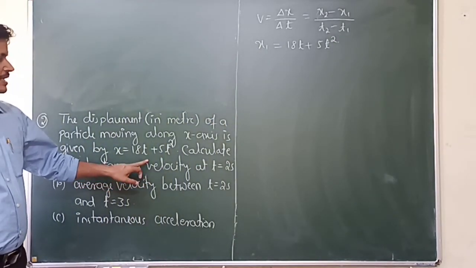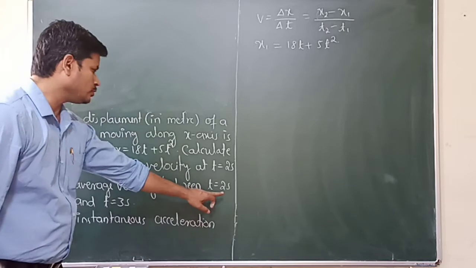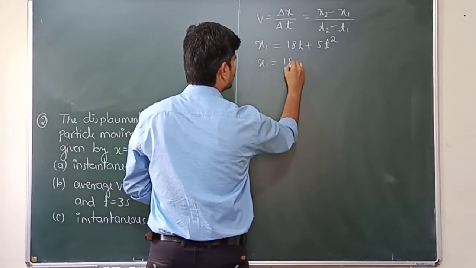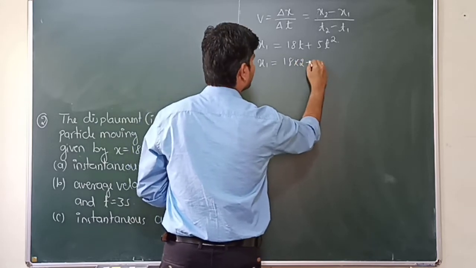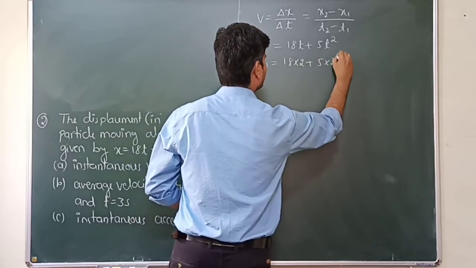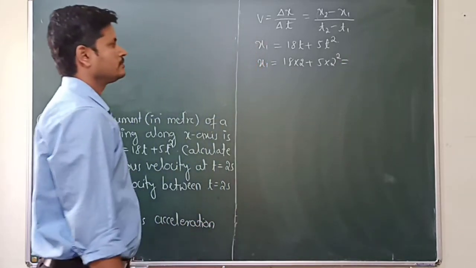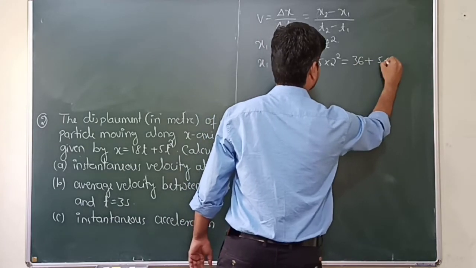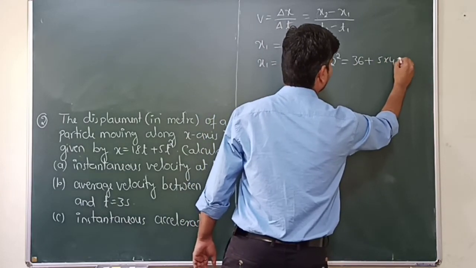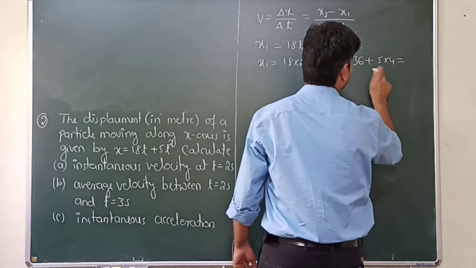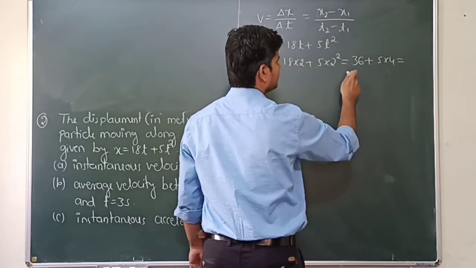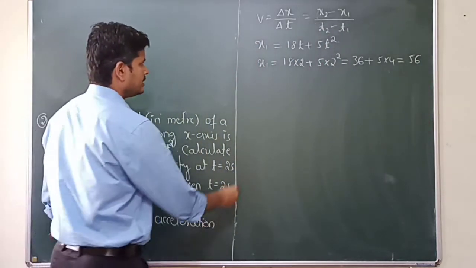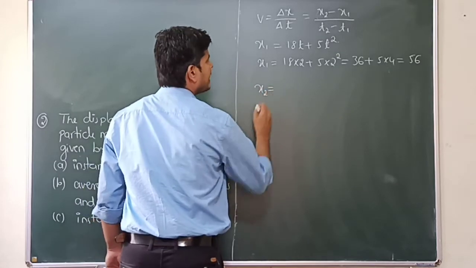In the place of t, first substitute 2 seconds. x1 is equal to 18 into 2 plus 5 into 2 square, 36 plus 5 into 4, 5 into 4 is 20, so 56. Is it correct?